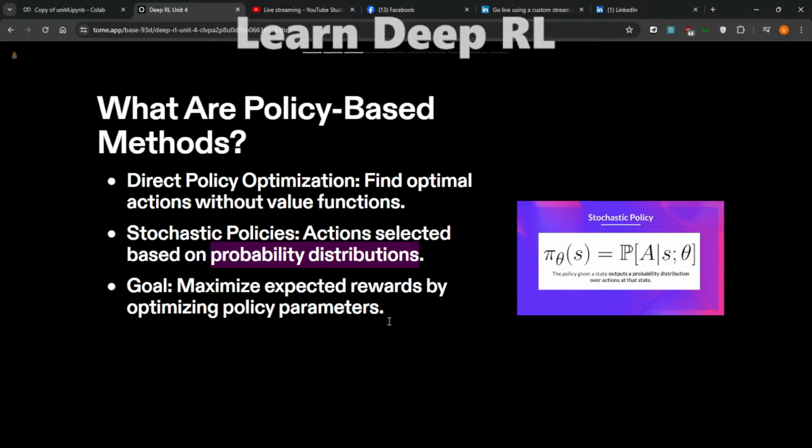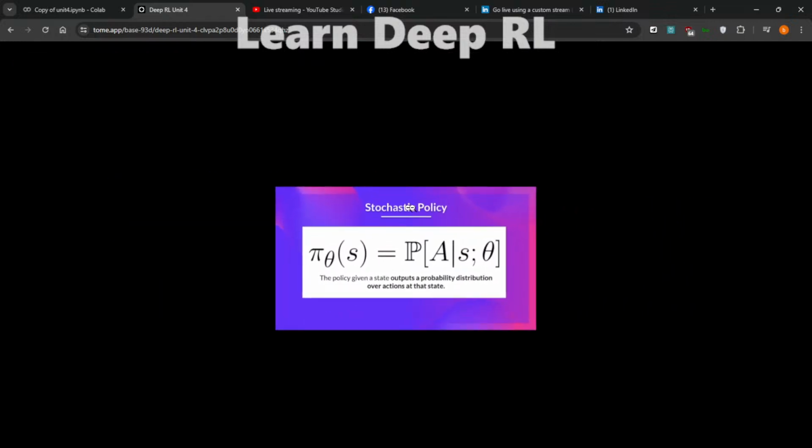The goal is to maximize expected rewards by optimizing the policy parameters. So the stochastic policy, pi theta of a given state, is the probability distribution of actions at a state with that theta, which is the parameters that we can optimize, used to train our policy.